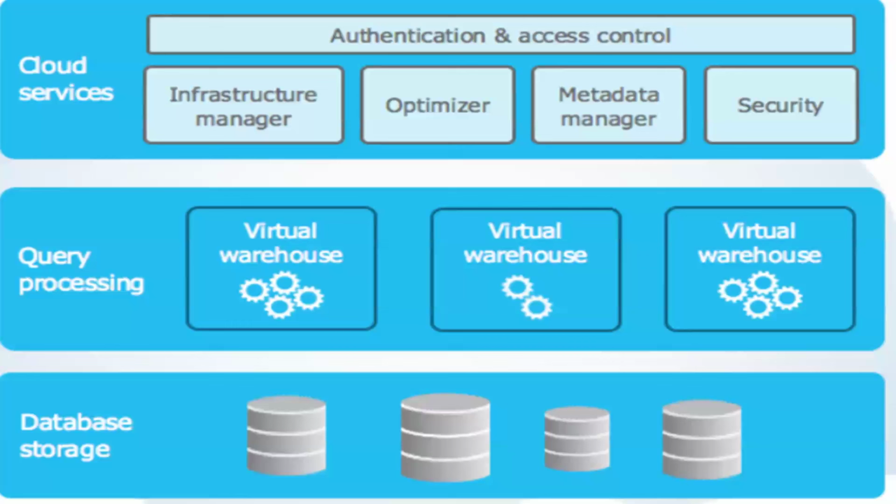Those are the information kept by the metadata manager. And security: it has security features like whether you are an authenticated user or not, whether your data is in encrypted format or not. If it is not secure, it will not allow you to access that data. So these are all the things handled by the cloud service layer.